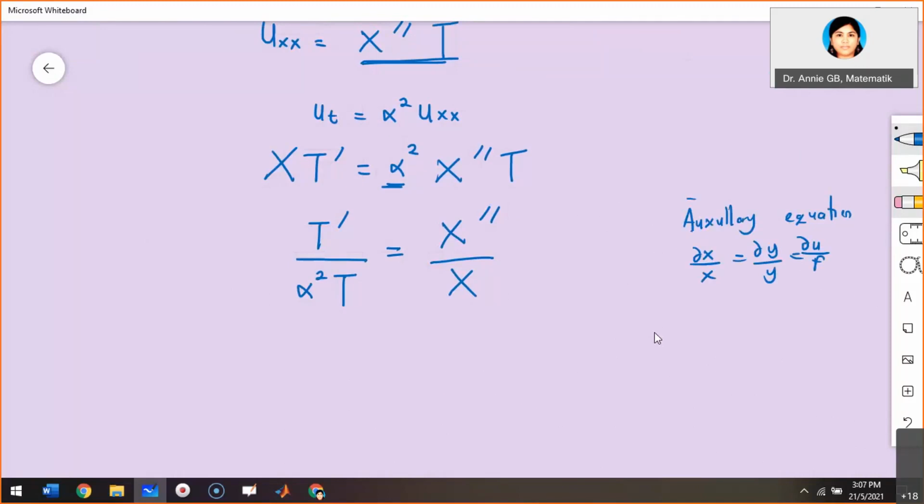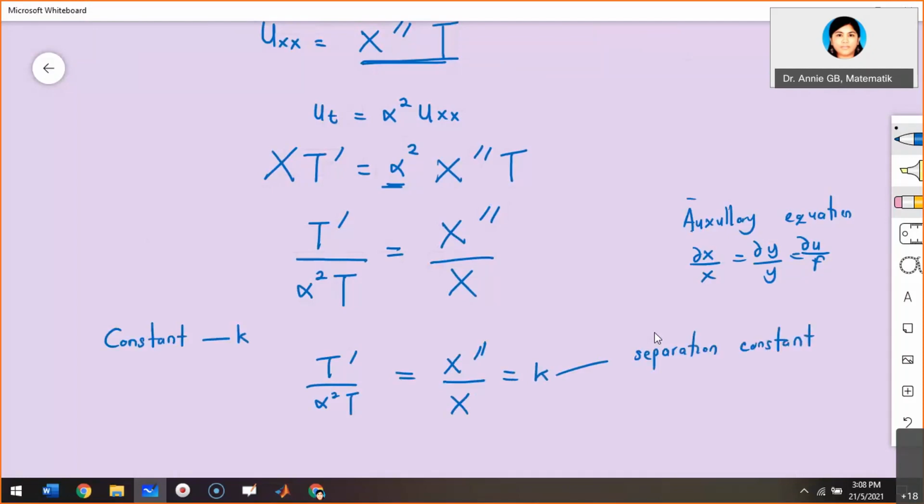So something like this, we need to have something for this equation to hold. Kita kena introduce one constant. Saya nak panggil dia k. Okay, so something like this: T prime over alpha squared T equals to X double prime over X equals to k. Ni constant yang saya introduce. This k is called the separation constant.